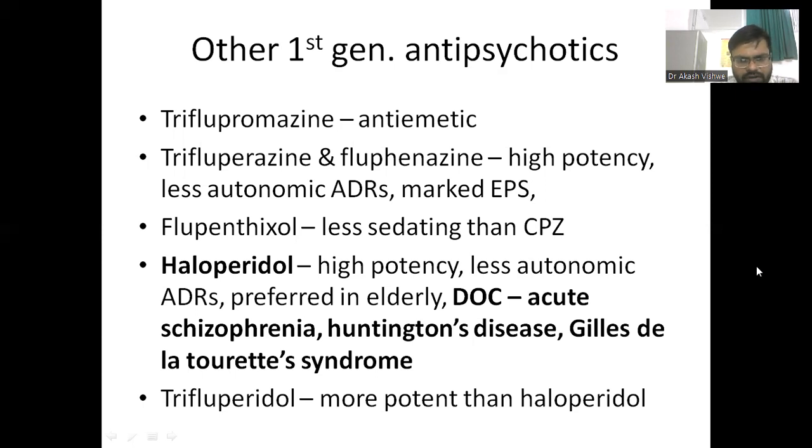The drug haloperidol, which is much more used these days, has high potency, less autonomic ADR, preferred in the elderly. It is the drug of choice in acute schizophrenia, Huntington's disease, and Gilles de la Tourette syndrome. Trifluperidol is more potent than haloperidol.